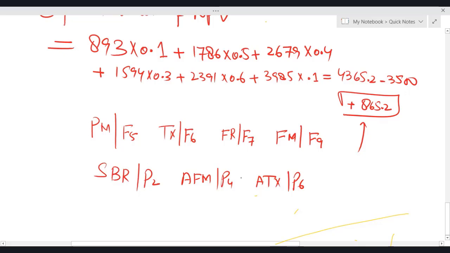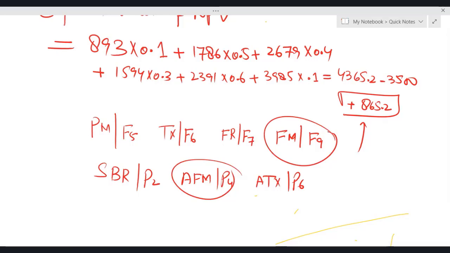In fact, in F9 and P4, my students have taken world positions as well. In the taxation paper, one of my students took 99 marks.